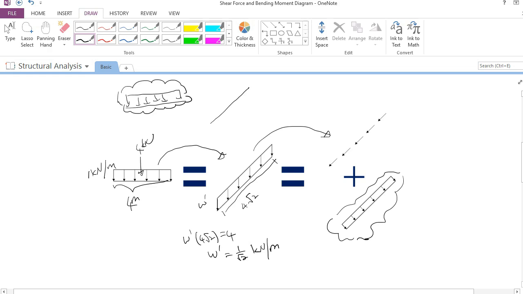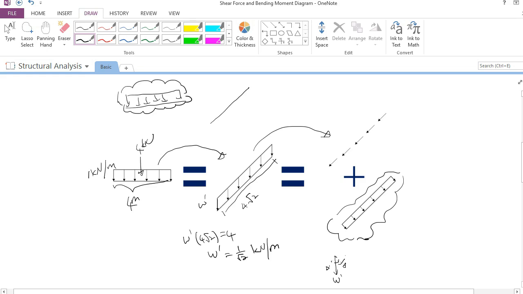But it is not the end of the story. We need to further decompose the loads into two perpendicular directions: one along the slope and the other transverse, perpendicular to the slope. How do we do this? It's quite straightforward. This is omega prime. We want to decompose it to this direction and this direction.